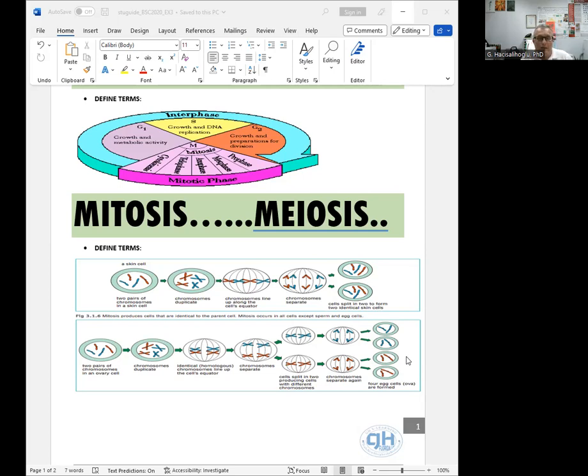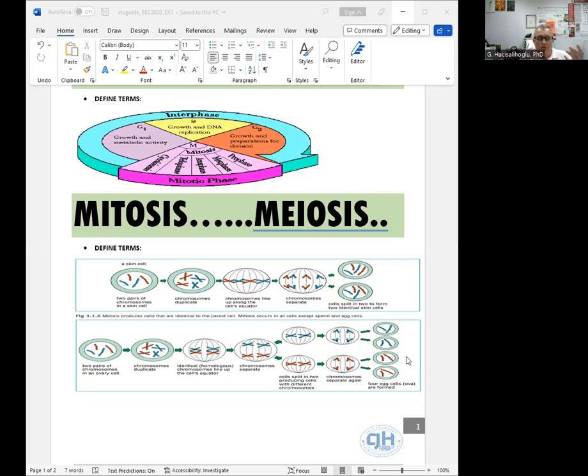Okay, so that brings us to the sexual life cycle, which summarizes the whole life of an organism, whether animal, plant, or algae. They all have this, and they have homologous pairs of chromosomes. You can visualize the chromosomes with something called karyotyping.